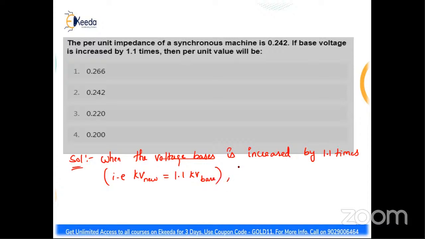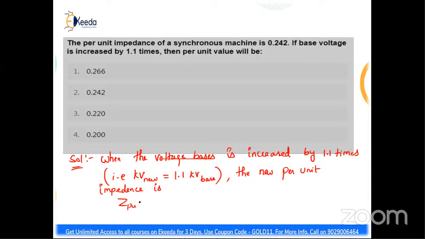Then the new per unit impedance is what?